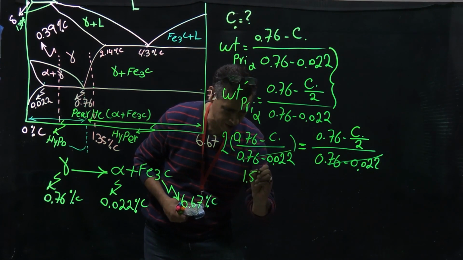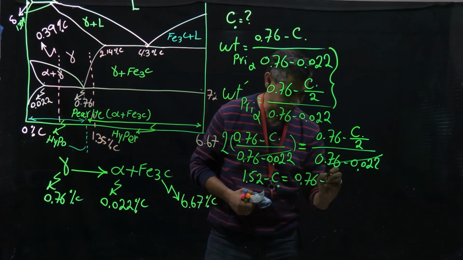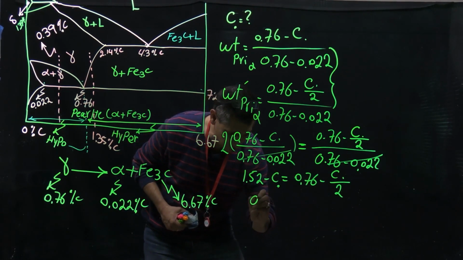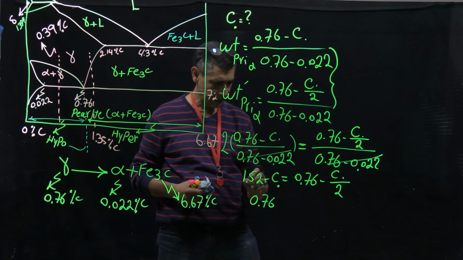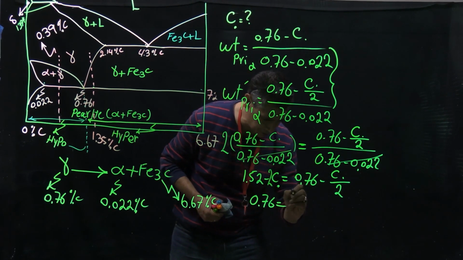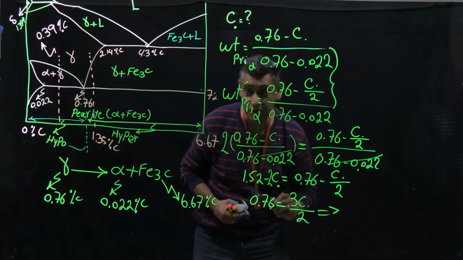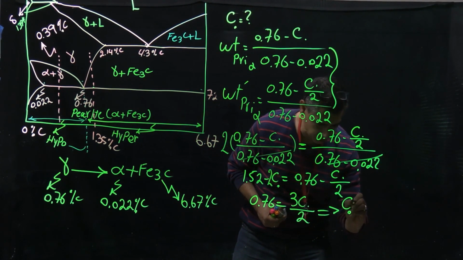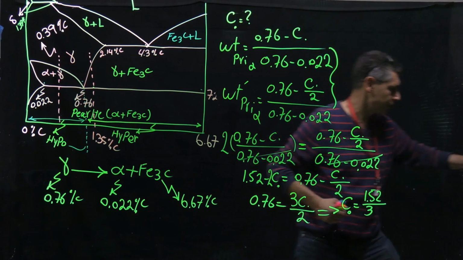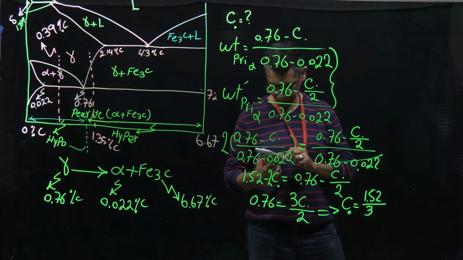So it's 1.52 minus C sub 0 is equal to 0.76 minus C sub 0 divided by 2. You simplify that, bring it to the other side, it's going to be 3 C sub 0 divided by 2. So C sub 0 is equal to 1.52 divided by 3.